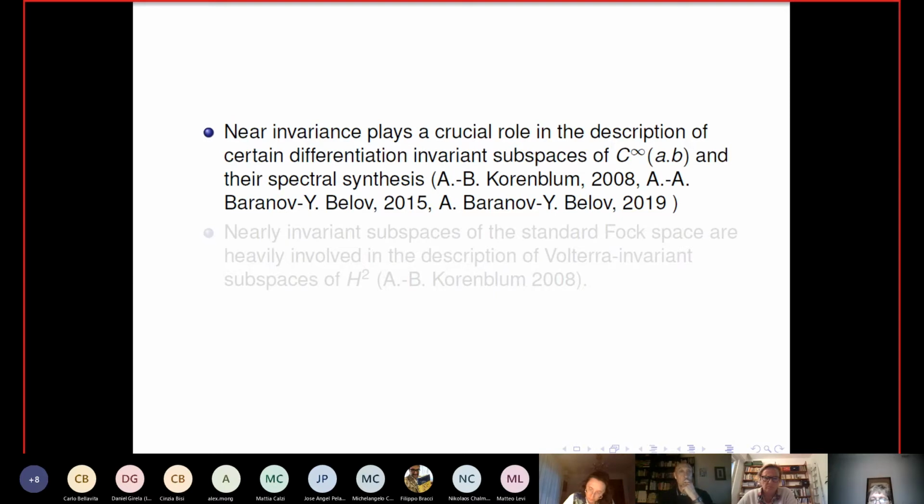Then I continued with Anton and Jura to work on them, and they continued with the spectral synthesis. It's a splendid result in which they described completely the spectral synthesis in a certain class of subspaces, basically where differentiation has discrete spectrum.